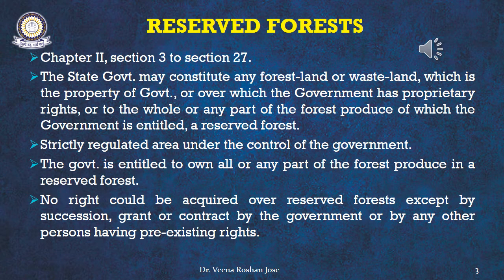So a lot of things are included under the definition of forest produce, those things which are found only in the forest. Okay, so the state government may constitute any forest land or wasteland which is either the property of the government or over which the government has certain proprietary rights, and it can be over a whole area of forest land, or it can be only a part of the forest area, or it can even be with regard to certain forest produce of which the government is entitled.